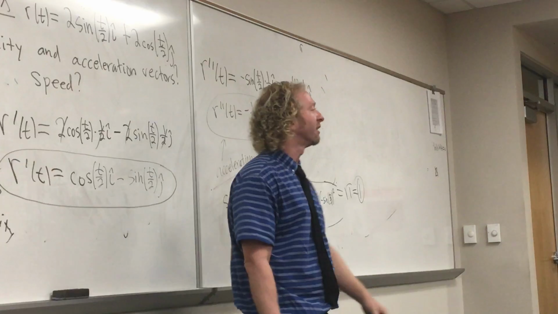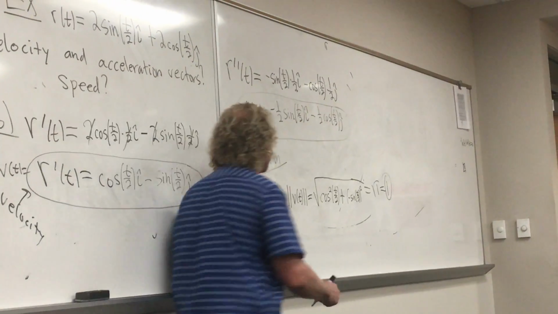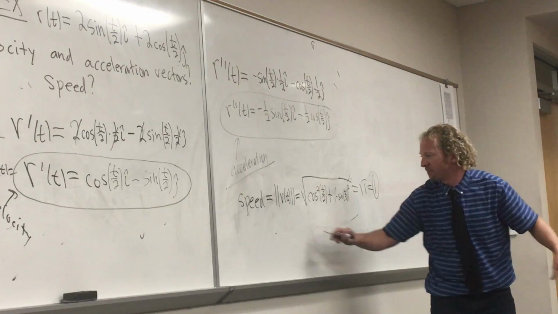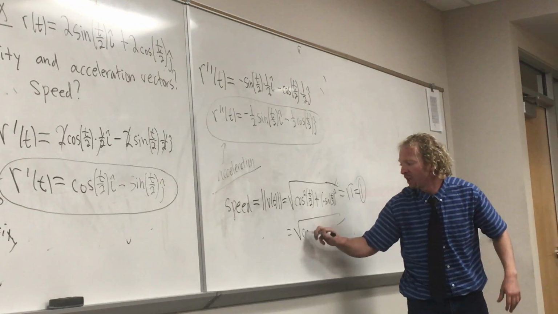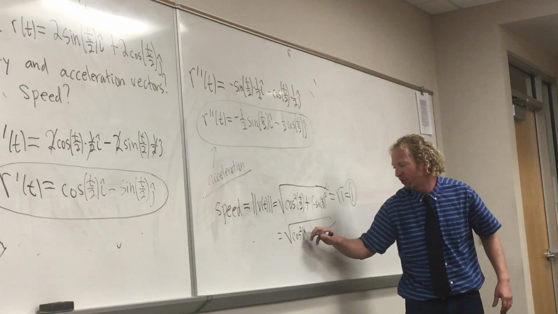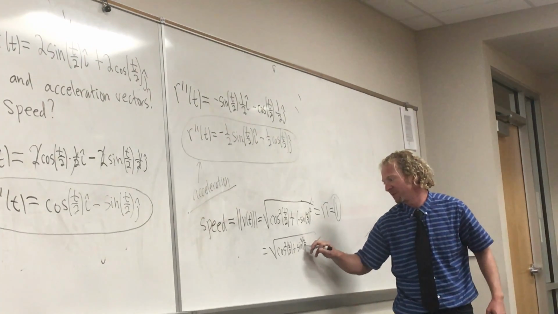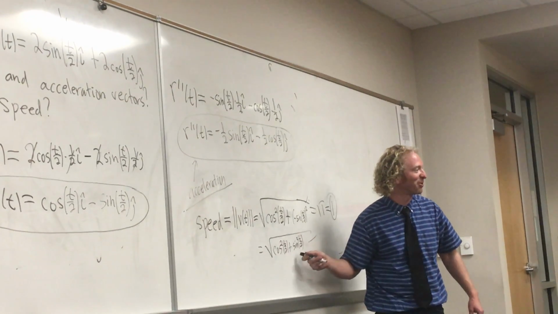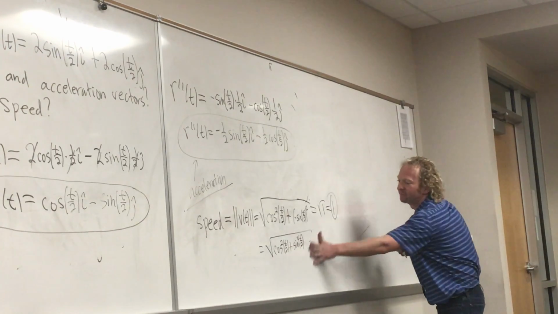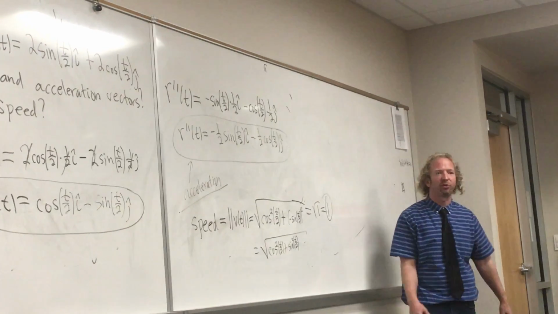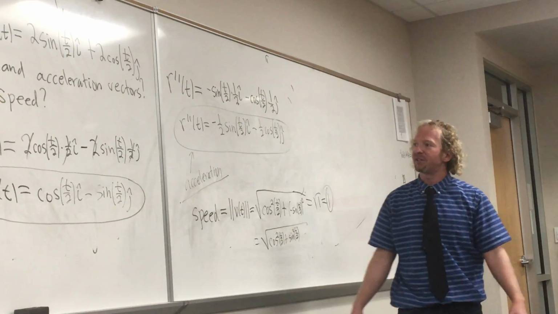The 2 gets rid of the negative, because it becomes cosine squared of t over 2 plus sine squared of t over 2. And cosine squared plus sine squared is 1. So we can just jump straight to 1. Absolutely. Good question.